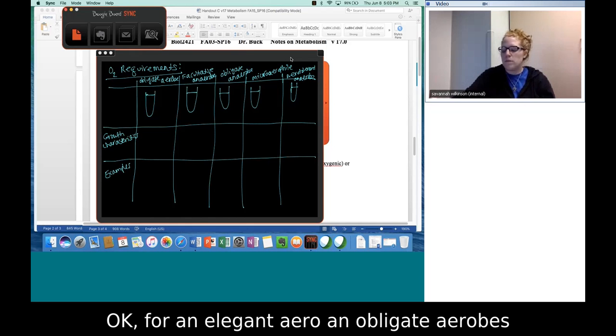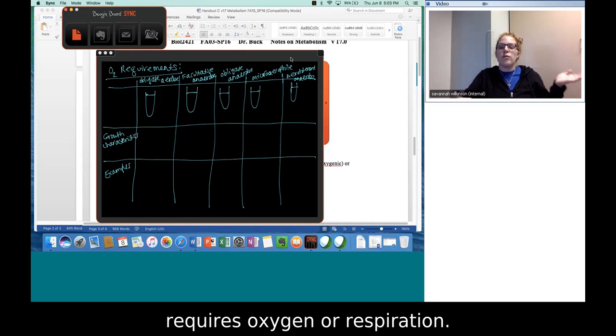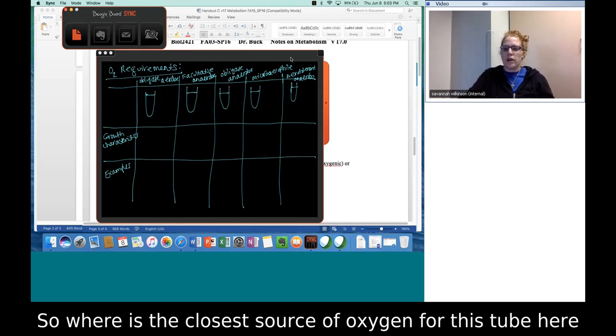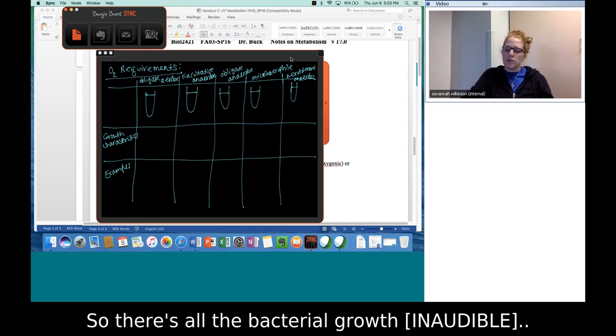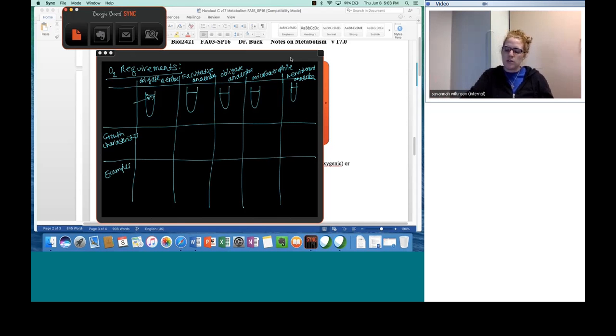Okay. So an obligate aerobe requires oxygen for respiration. So where is the closest source of oxygen for this tube? It's near the surface. So all the bacterial growth is going to be near the surface.